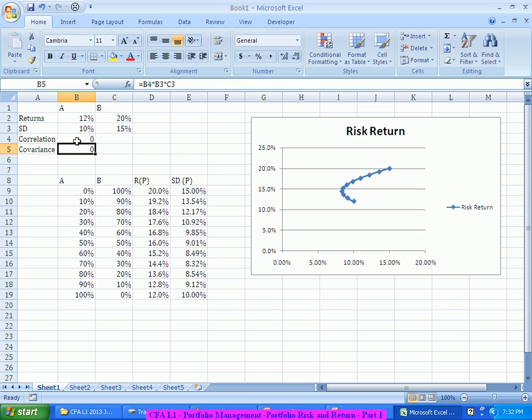Now from this standpoint, for a particular rate of return, there are different layers of risk. In this scenario, if I want 15% return, my risk is something. If I want 20% return, my risk is something. If I want 13% return, my risk is something.